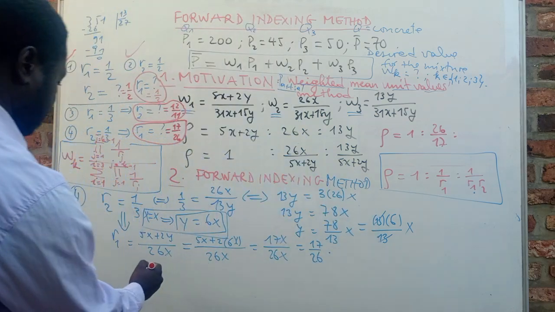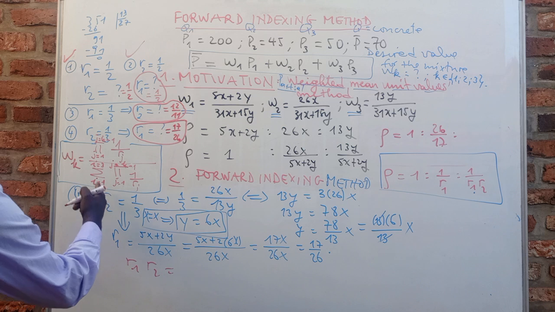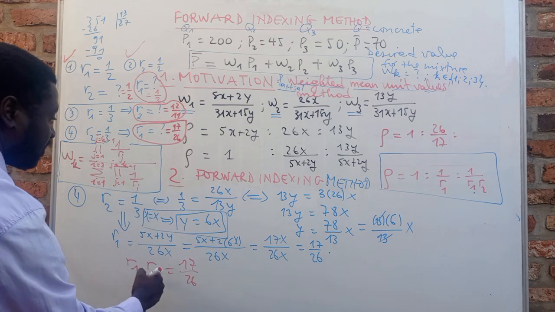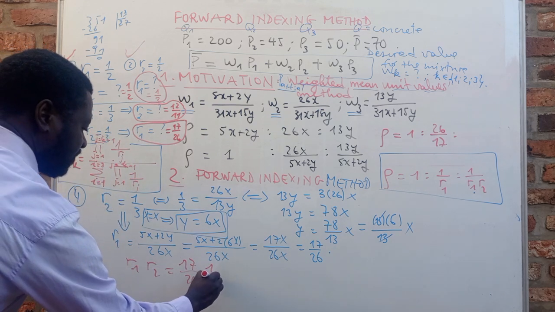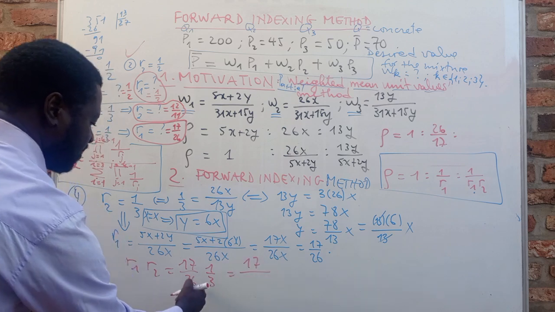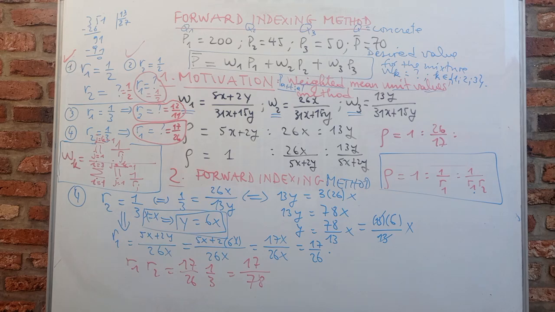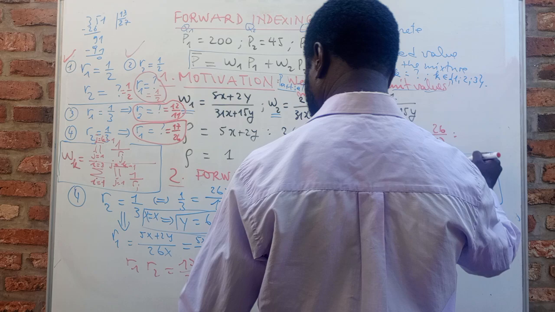So product R1 times R2. Since we have R1, 17 over 26, R2 is 1 over 3. So this is going to be 17 over 78.